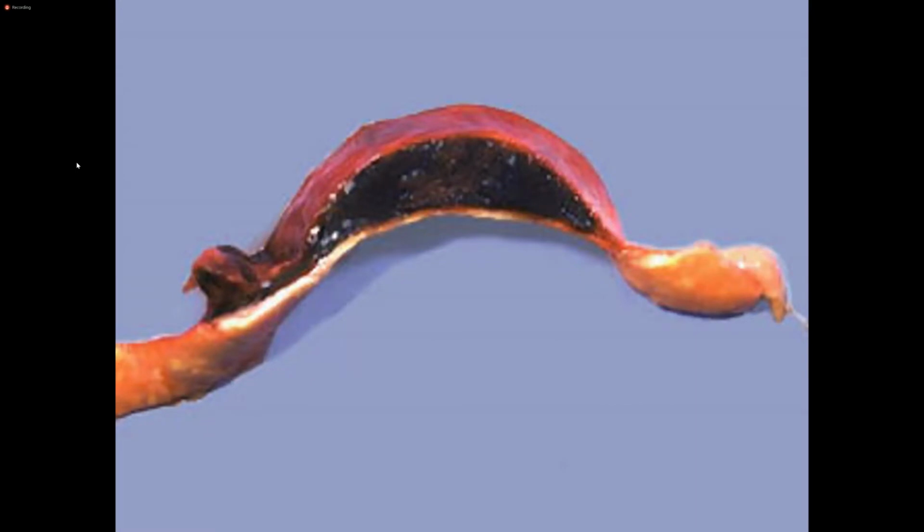The classic example of aortic dissection is in patients with Marfan syndrome. As you know, Marfan syndrome is an autosomal condition characterized by a mutation in the gene that produces the fibrillin protein.